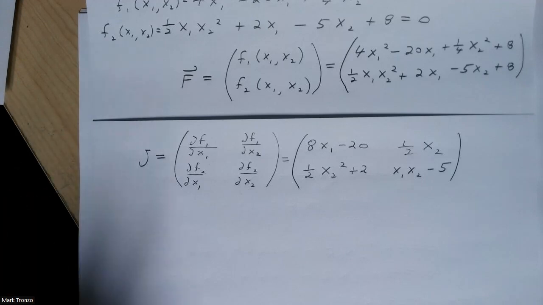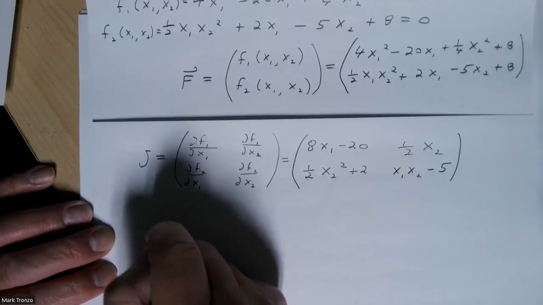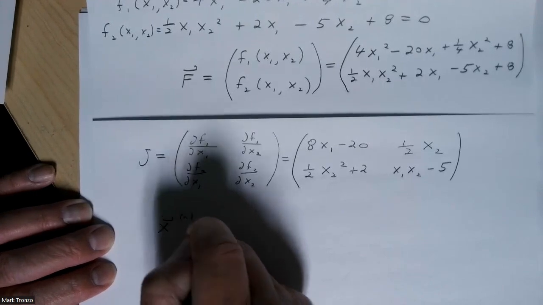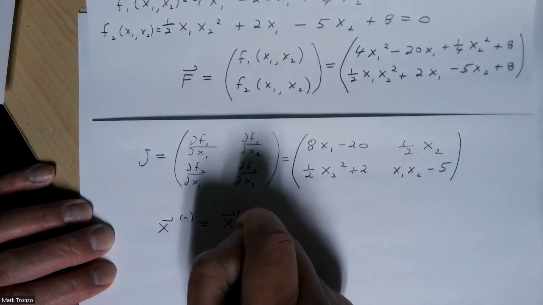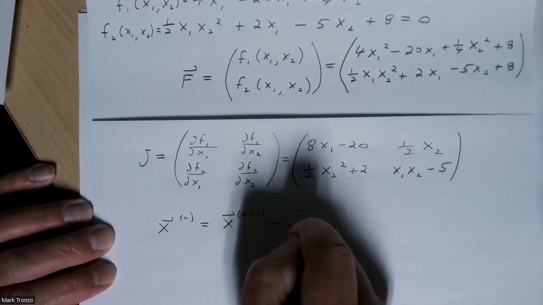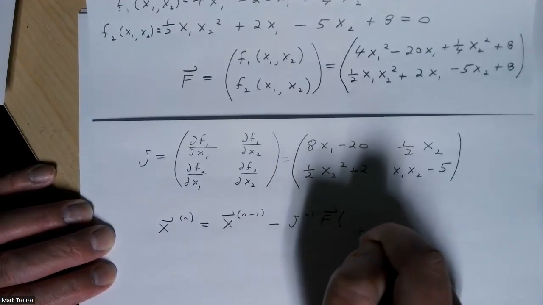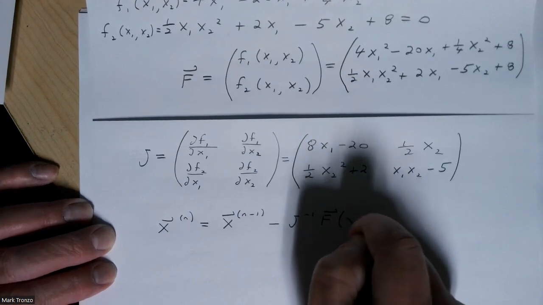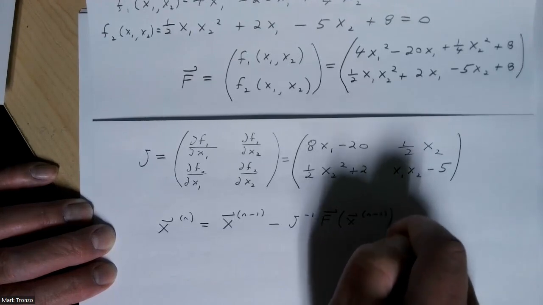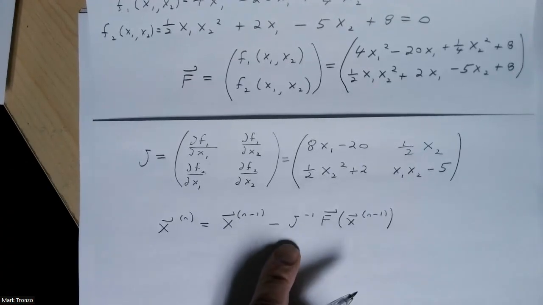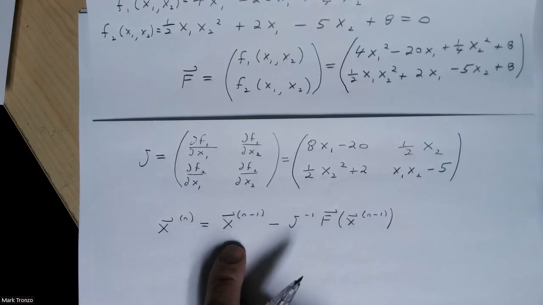So now, again, let's just remind ourselves what we're going to be doing. We're going to be using this. Again, this is going to be evaluated this here. And actually, the Jacobian as well is going to be evaluated at the previous step here.